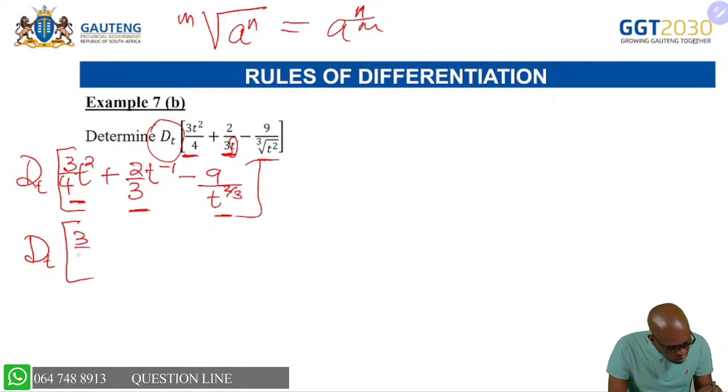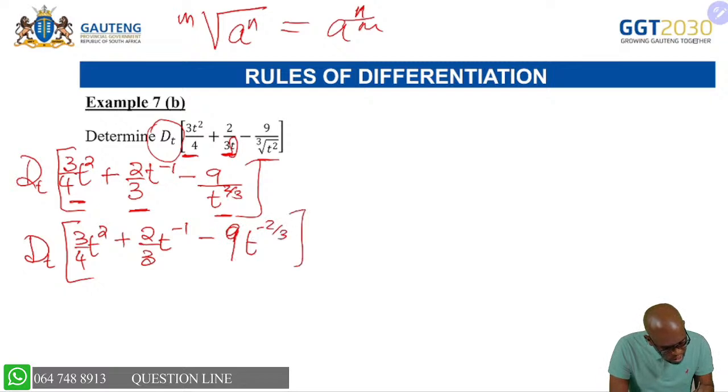So this is 3 over 4 t squared plus 2 over 3 t to the minus 1 minus 9 t to the minus 2 over 3. Now there are no brackets. All the variables I'm differentiating are on the numerator. I can now differentiate. Now because I'm differentiating, I'm dropping the operator d.